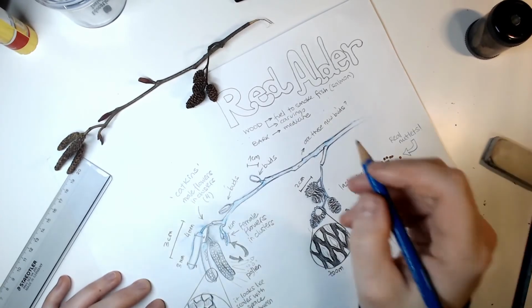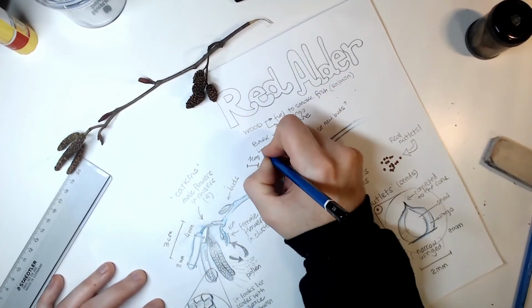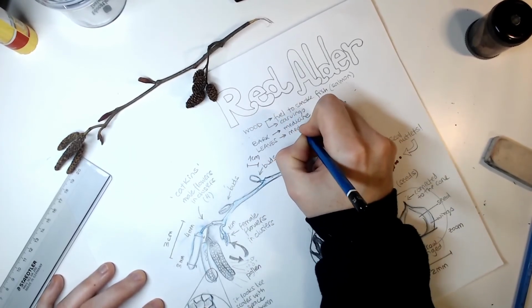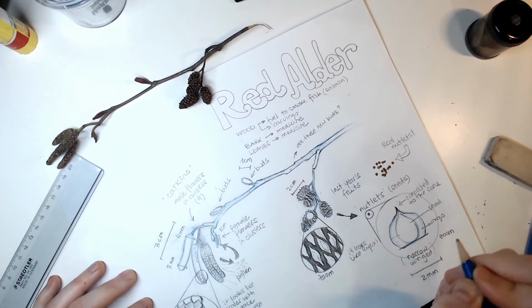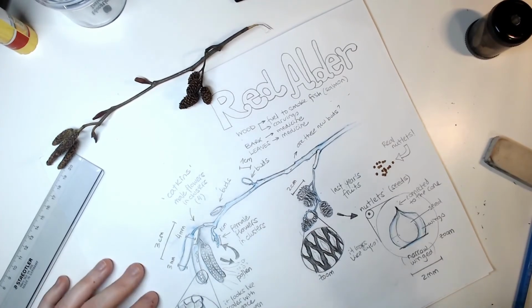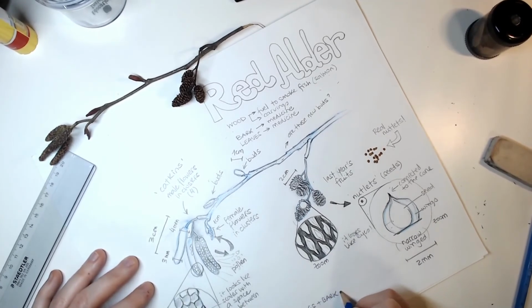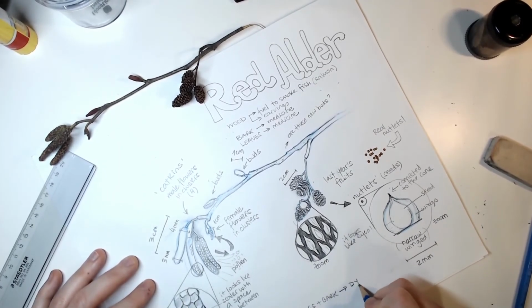Also, the leaves were used as medicine. And the twigs and the inner bark were used as a dye.